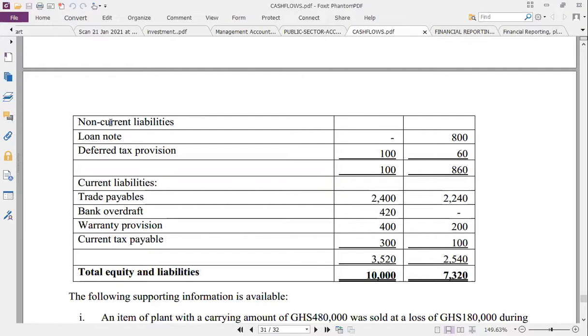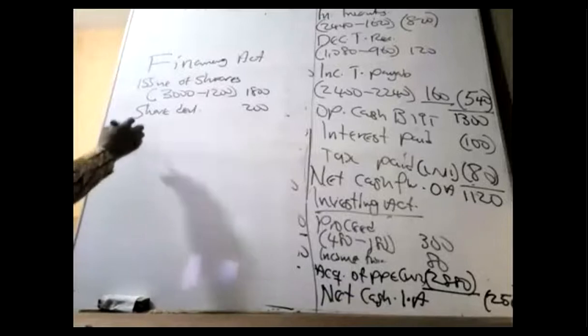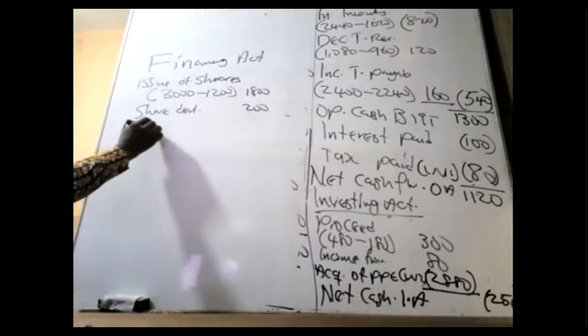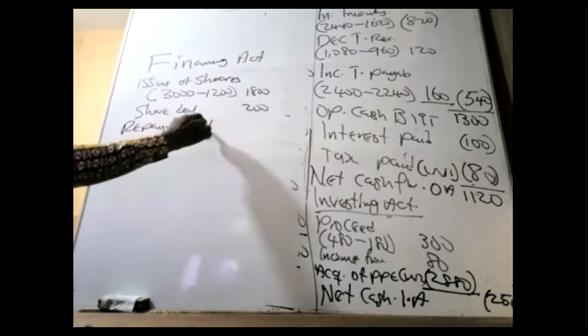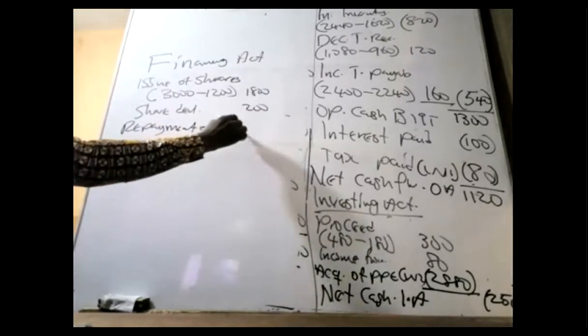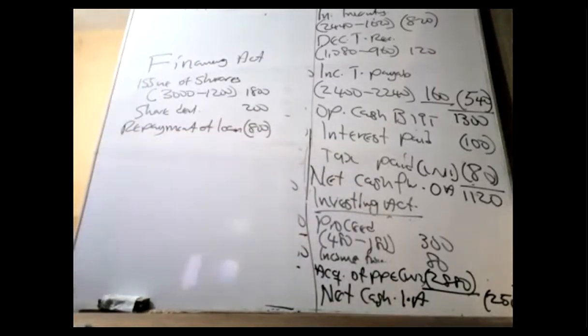So let's go to non-current liability. There's a loan note here. At the start is 800, at the end it is nil, meaning they paid everything, which is an outflow. So repayment of loan, 800. Put it in brackets. Continue scanning again.